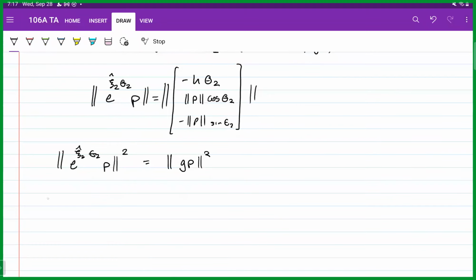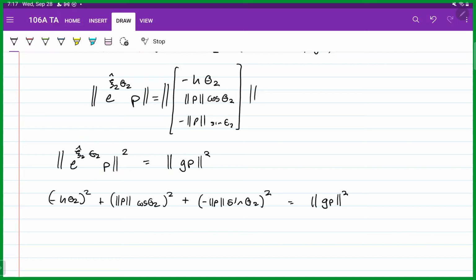All right, so we're going to have negative h times theta 2 squared plus the magnitude of p times cosine of theta 2, also squared, plus the negative magnitude of p sine of theta 2 squared equals magnitude of gp squared.